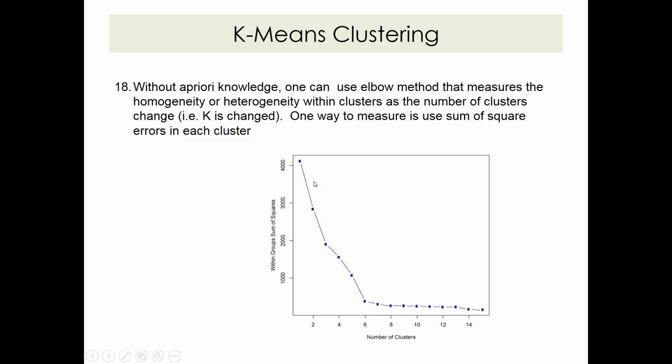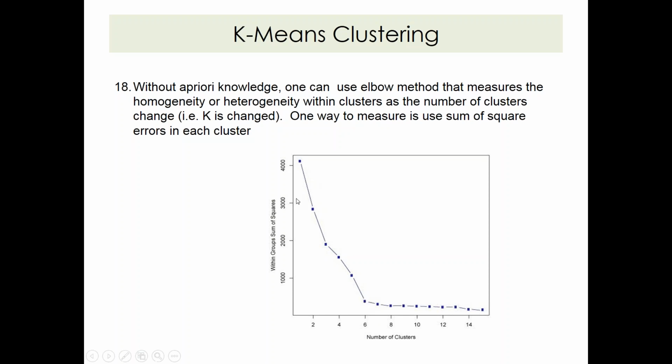So it basically resembles the shape of a human elbow. If you fold your hand, it looks like this. So when the number of clusters is 6, that is basically your elbow.